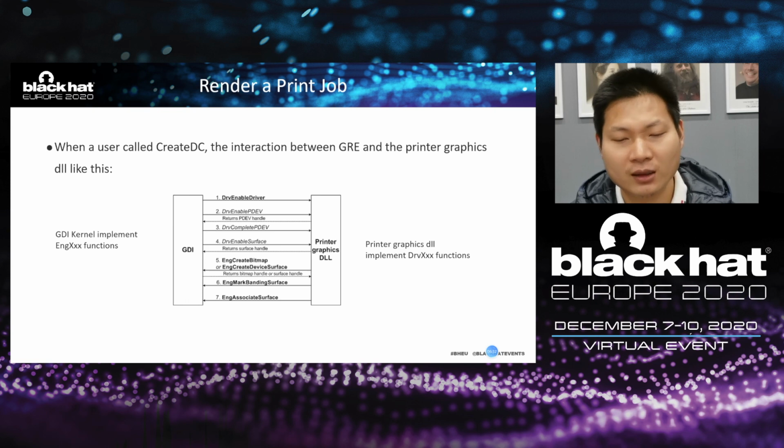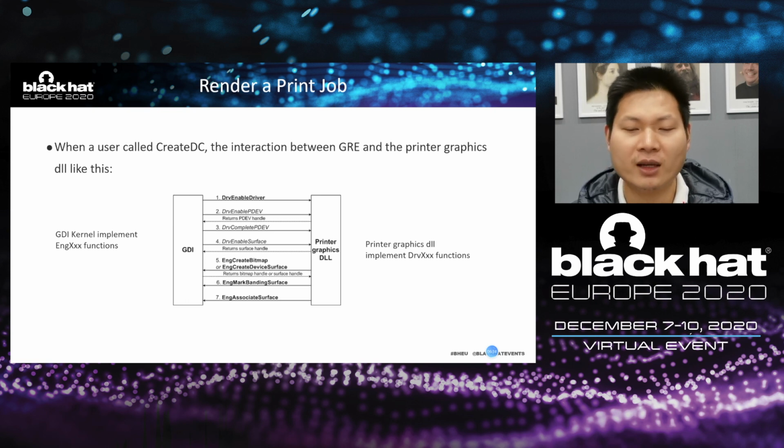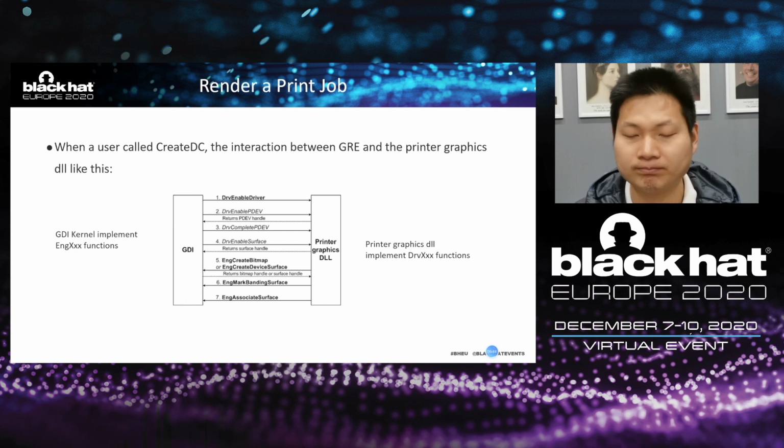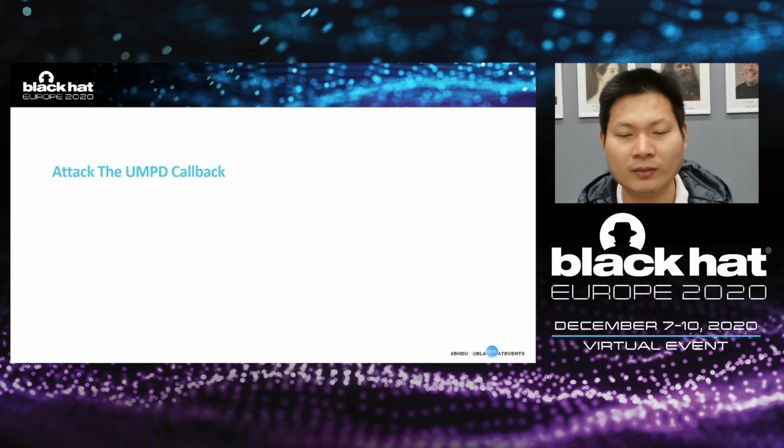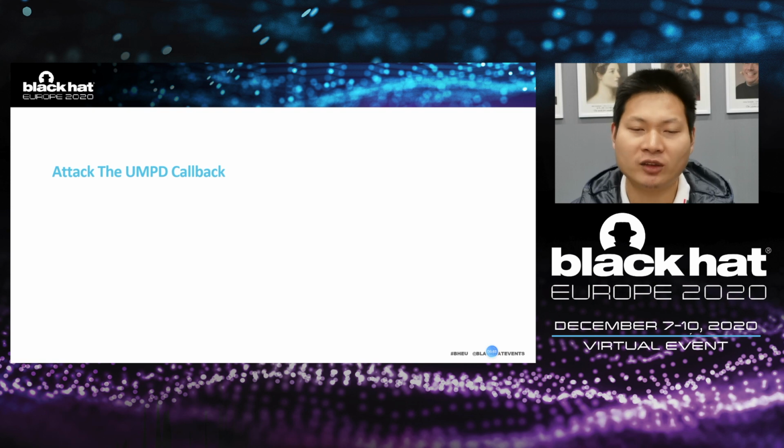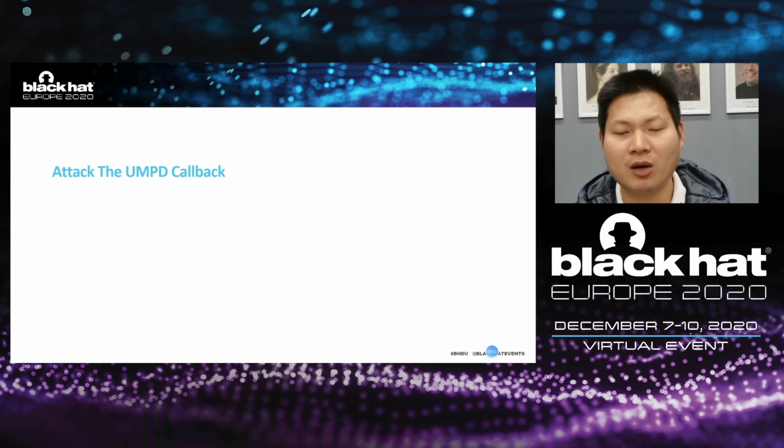As shown, we can see that the GDI kernel called the DrvEnableSurface function in the print graphic driver. Attack the UMPD callback. The second part of this talk, I will introduce the working mechanism of the user mode printer driver in depth.